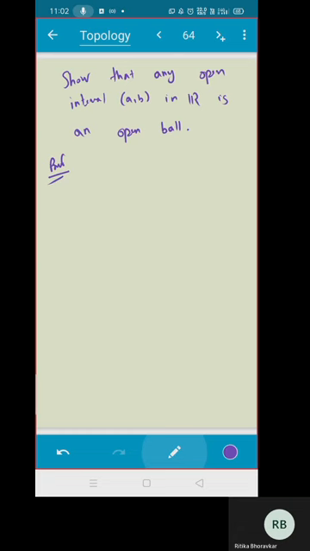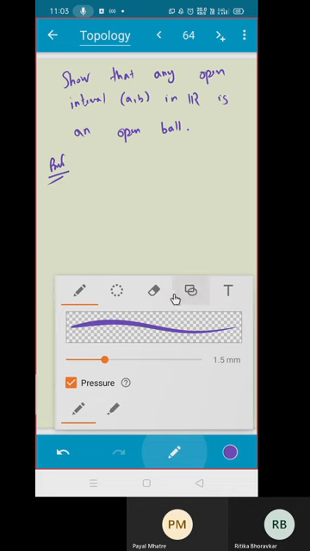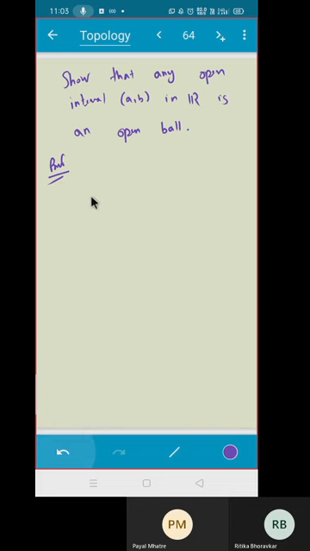That is the center and the radius. Do you agree or not? I need only two things, center and radius. Can you tell me what is the center for this and what is the radius for this interval (a, b)? That means, can you prove this is an open ball or not?